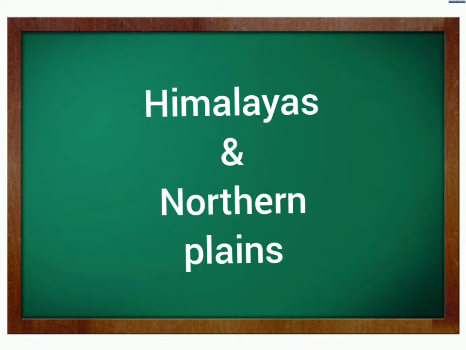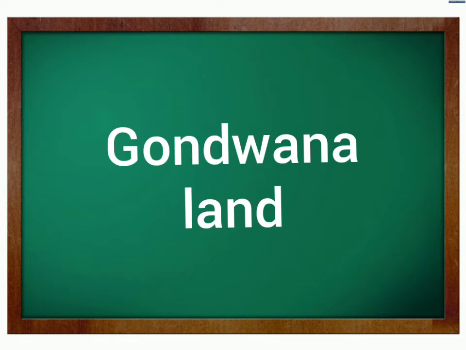In the earlier period, the oldest landmass, that is the peninsula part, was a part of Gondwanaland. It includes India, Australia, America, Africa, etc. The convectional currents split the crust into many pieces.